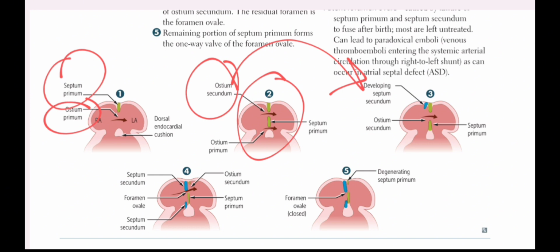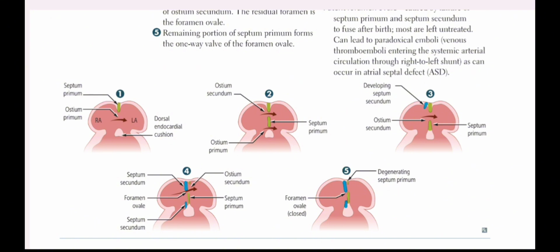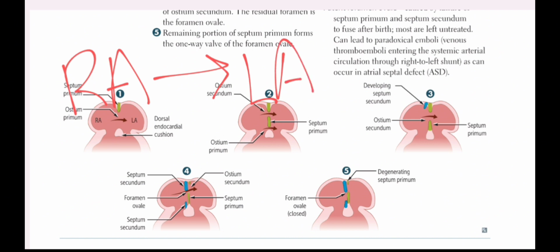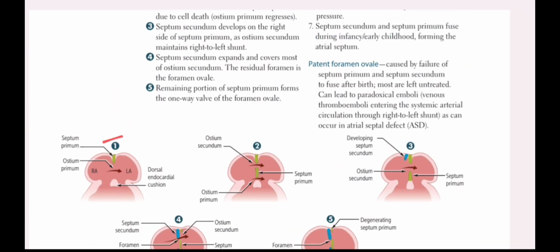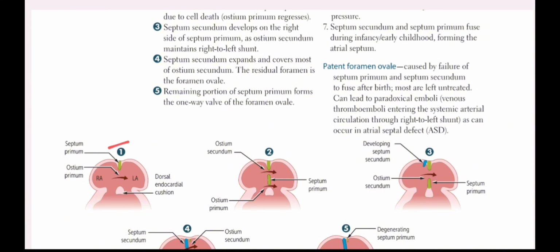But during embryological life, the patency of this hole is crucial for the development and growth of the body, because the blood is shifted from the right atrium to the left atrium through this hole, and that is known as the patent foramen ovale.